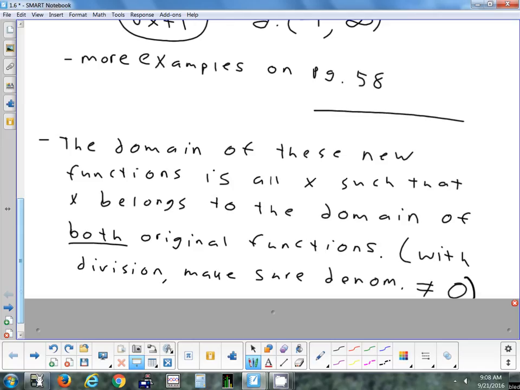Okay, so the way I usually explain it is, let's say you had a number line. And I'm just going to make up a domain. Let's say you had a problem where the domain was all numbers greater than or equal to 0. And let's say you had another function that the domain was all numbers greater than or equal to 2.